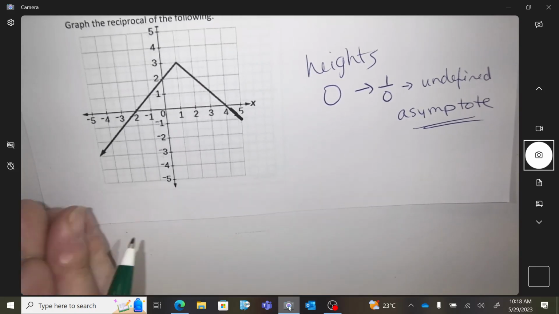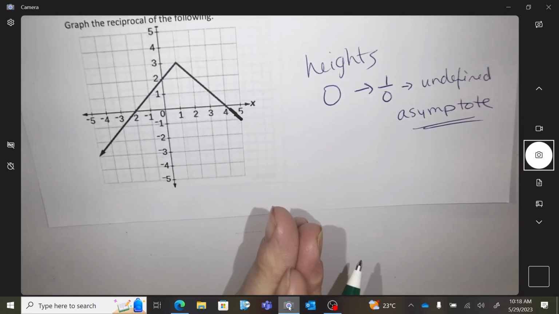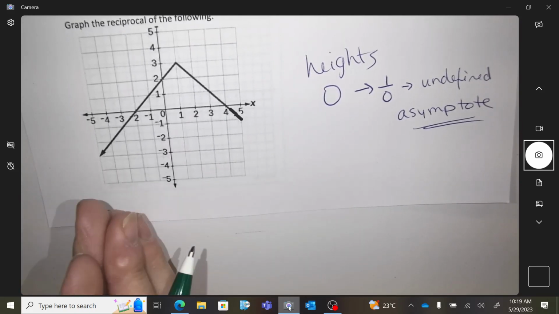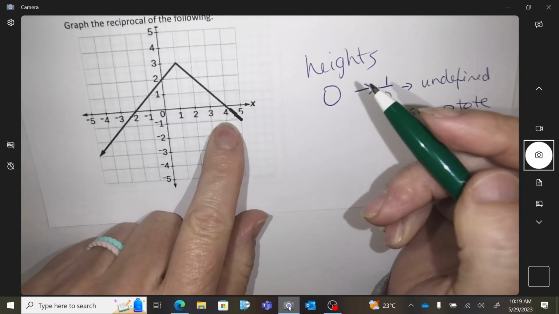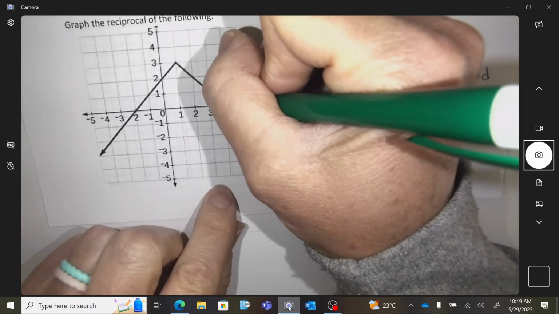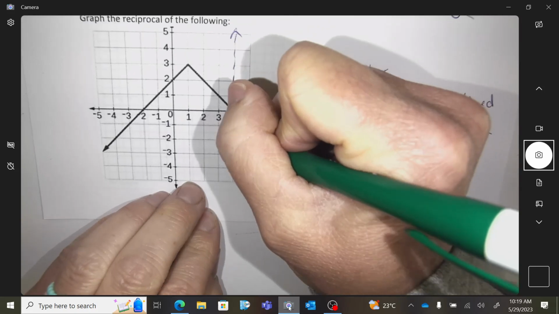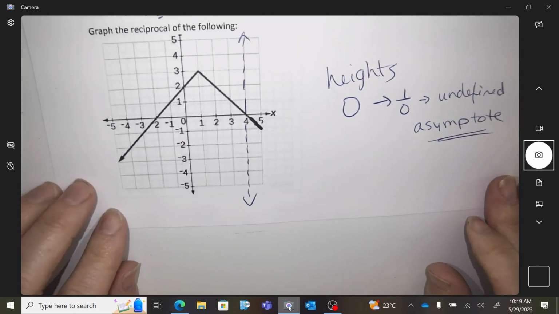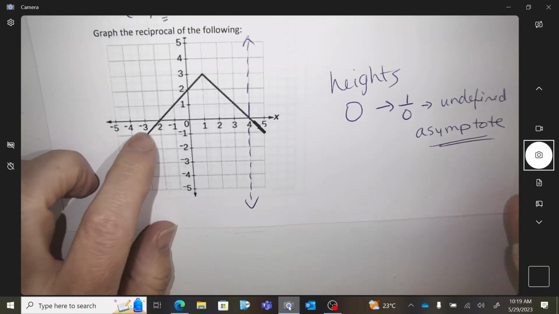So, where do you see ever a height of 0? At 4. So now the new height is undefined. At -2.